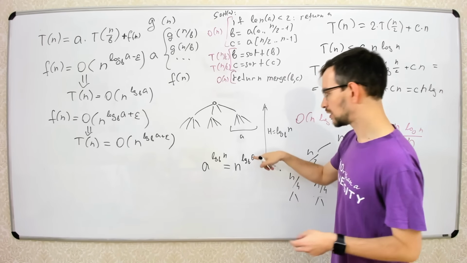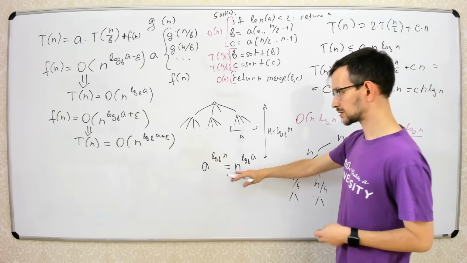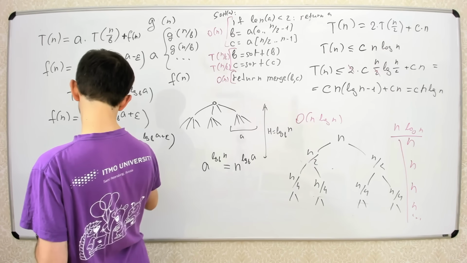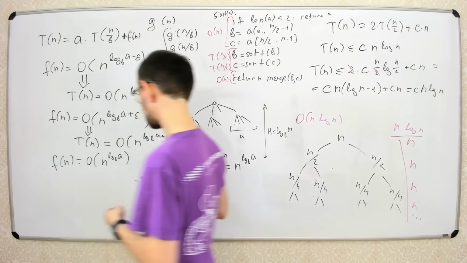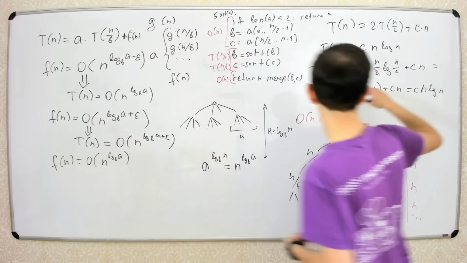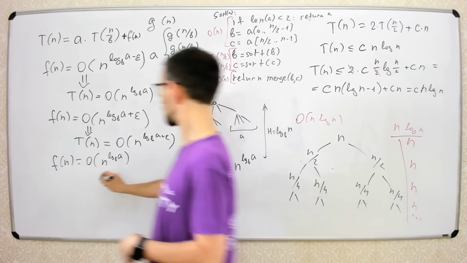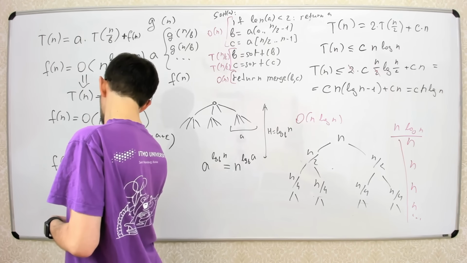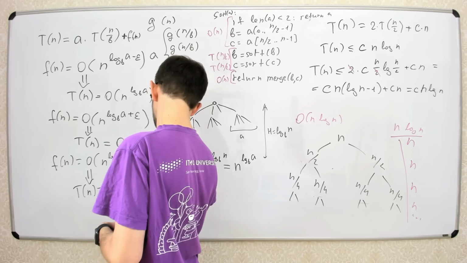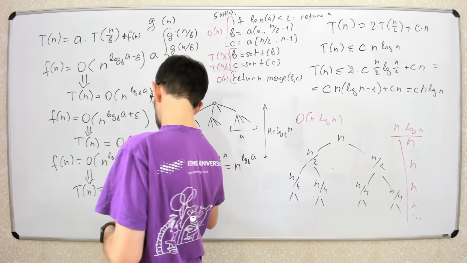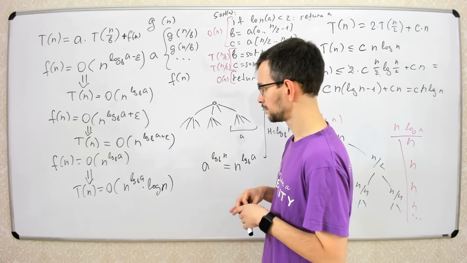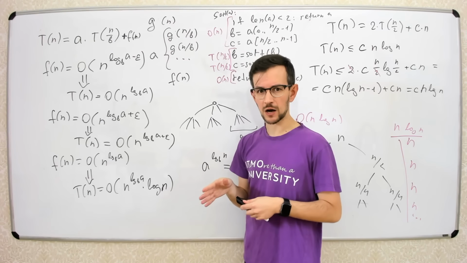And finally, if the complexity of function f is the same as this, then the total complexity of the algorithm will be like here. It will be multiplied by a logarithm. So this is basically how the master theorem works.